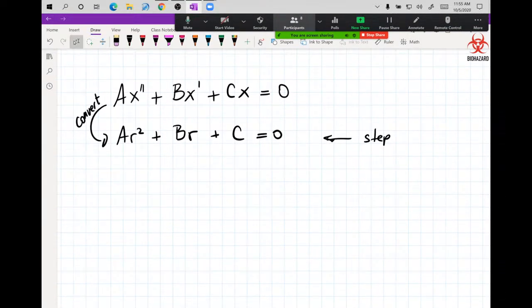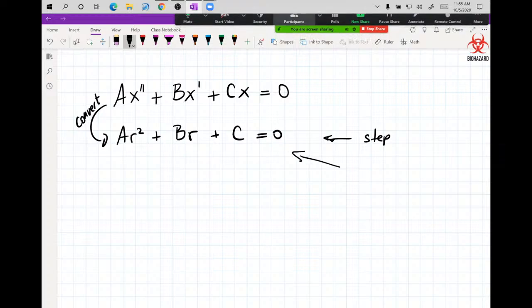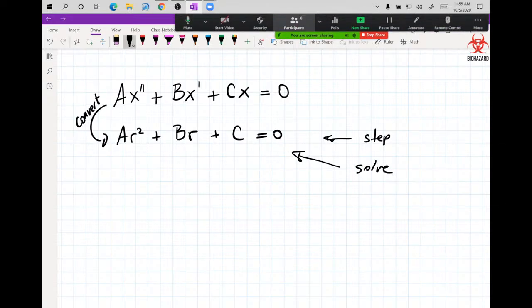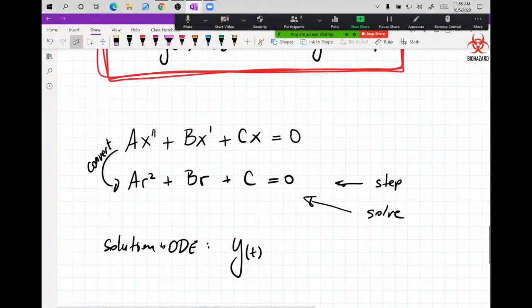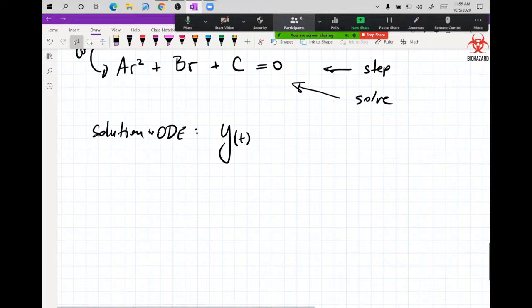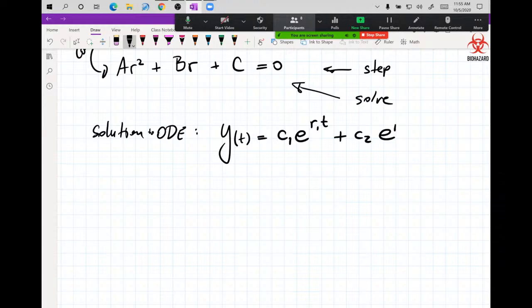And then you will solve this, and the solution to the ODE is y of, let's say, t equal to, again, you're memorizing this, C1 e to the r1 t plus C2 e to the r2 t.